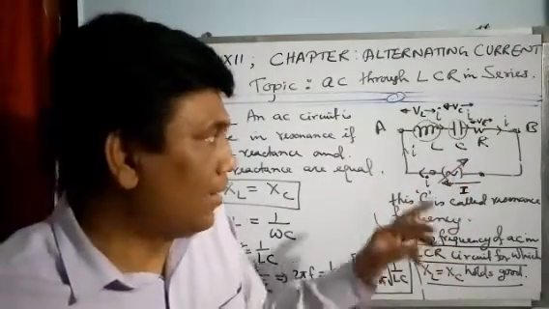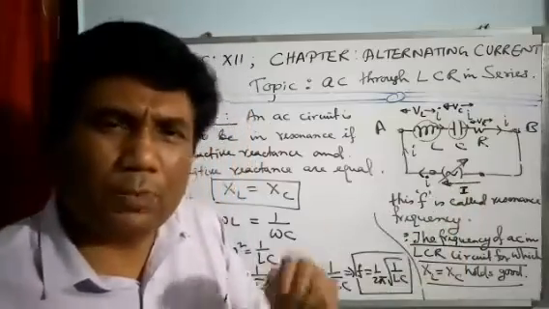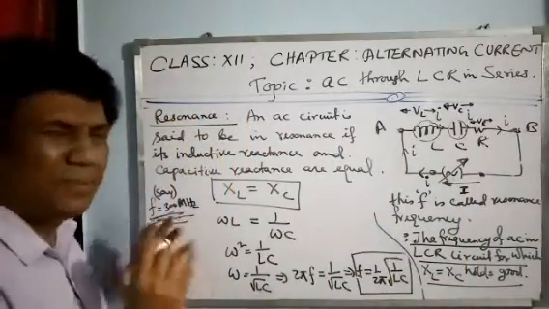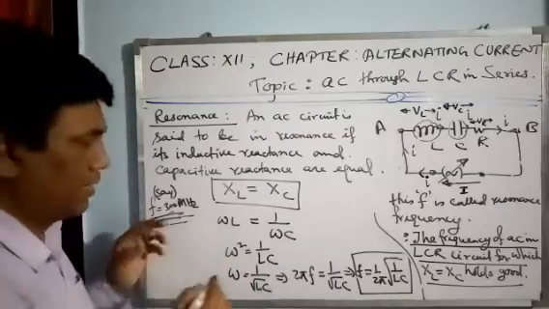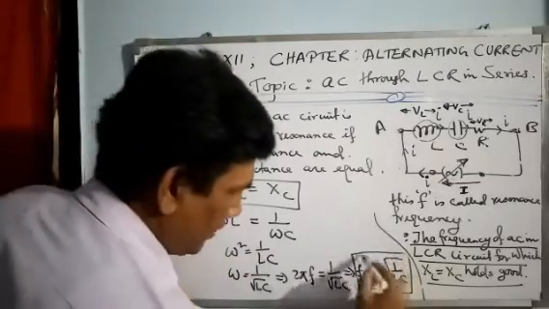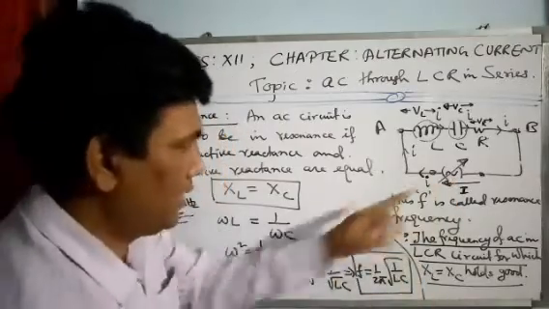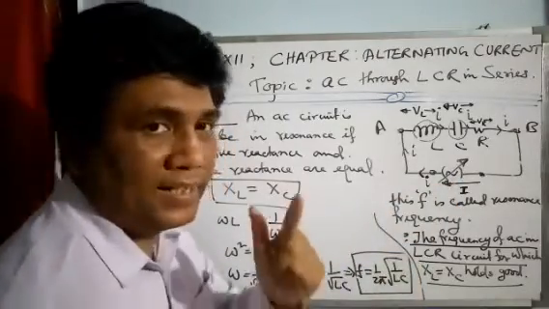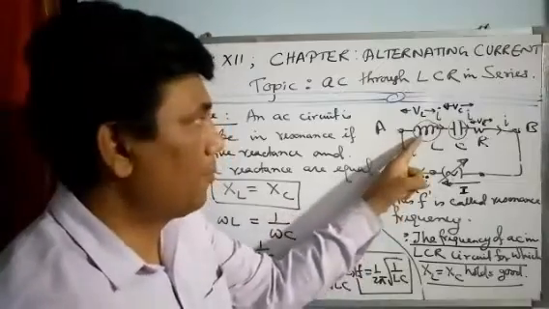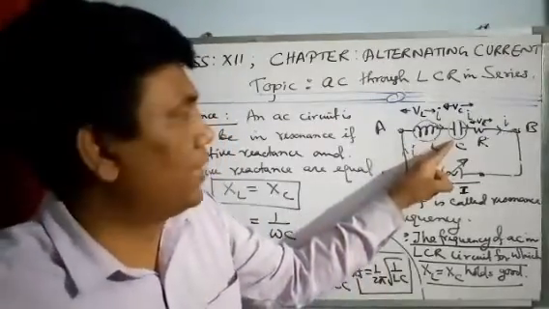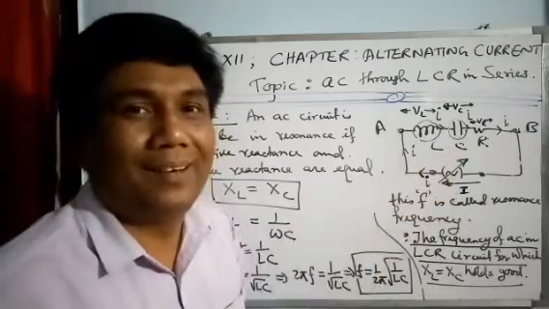Whenever this frequency keeps on increasing and gets this value, 300 megahertz, which is the value of f equal to 1 by 2 pi root LC, then an interesting case will happen. The opposition offered by L and the acceptance offered by capacitor, both are equal.